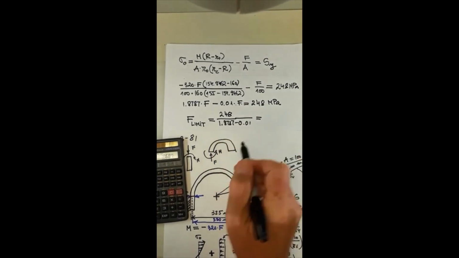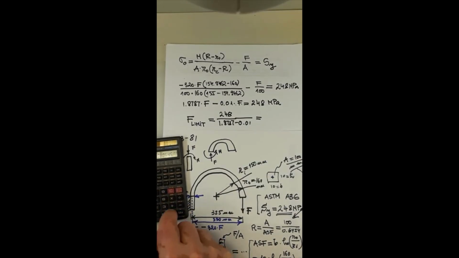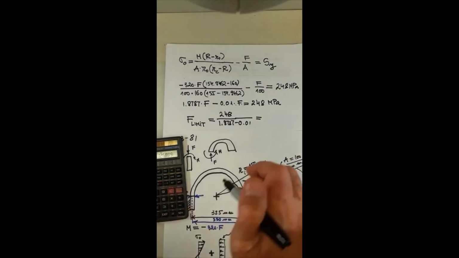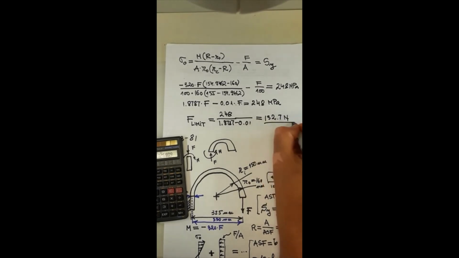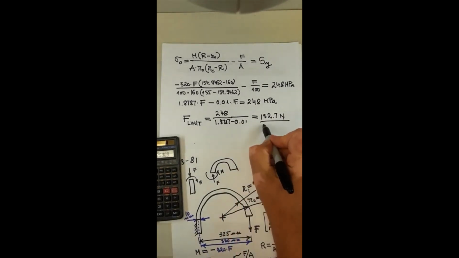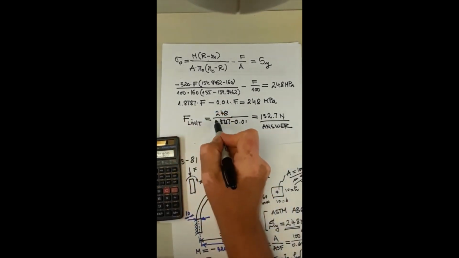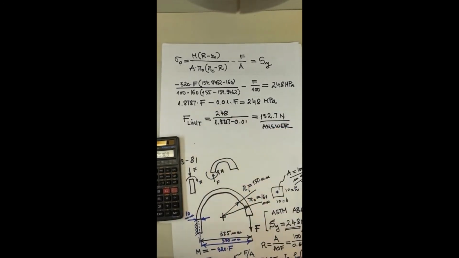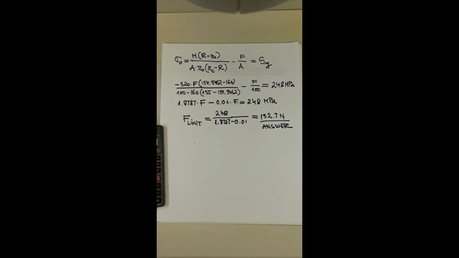Okay, and I have 248 equals, take the inverse, so it's 132.7 newtons. This is the answer to the problem. Again, the limit case where yielding occurs, the design factor is 1, and this is it. I'm going to stop recording.